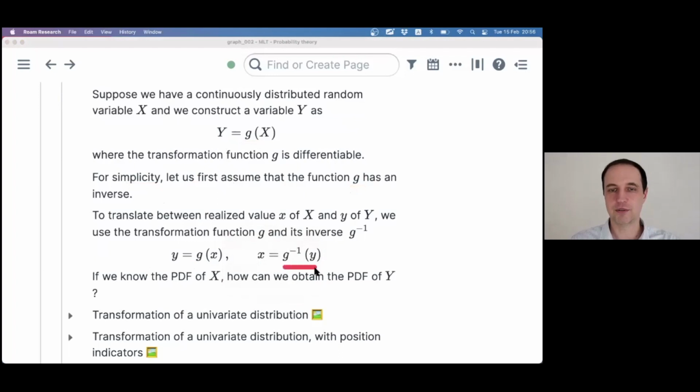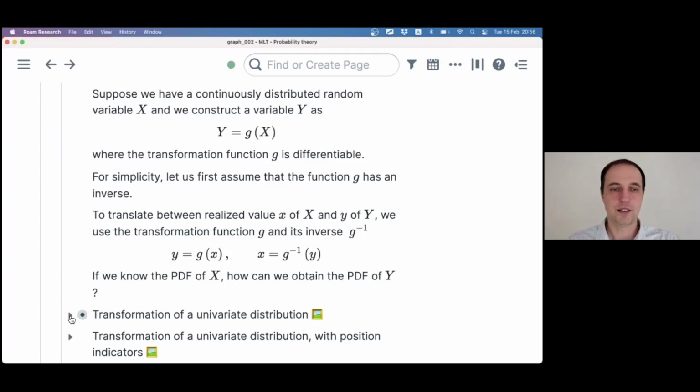So the inverse of that function will be this one, g inverse of y, that will give you the value of x. If it doesn't have an inverse, then we need to split the different regions of the possible values of x into different pieces. But let's just focus on this one case for simplicity at the beginning, where g is invertible.